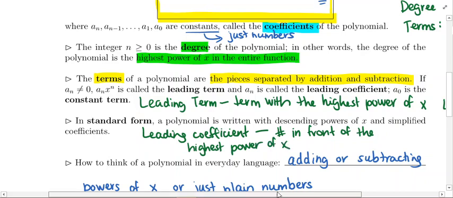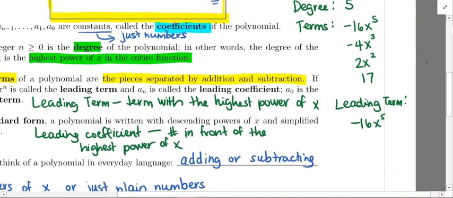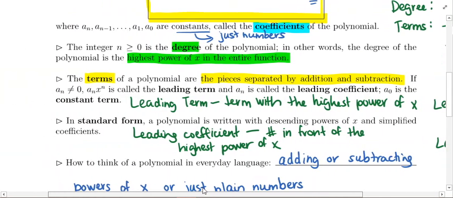We know the highest power of x in our polynomial is x to the 5th, so the leading term is the piece that has the highest power of x. In front of the x to the 5th is negative 16, so that's the leading coefficient. The leading coefficient is negative 16. Lots of vocabulary here.